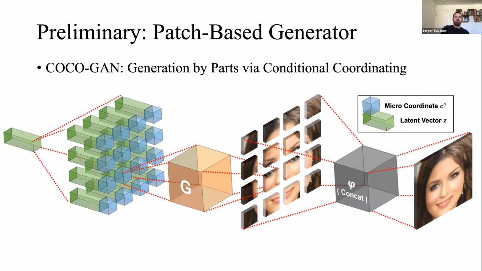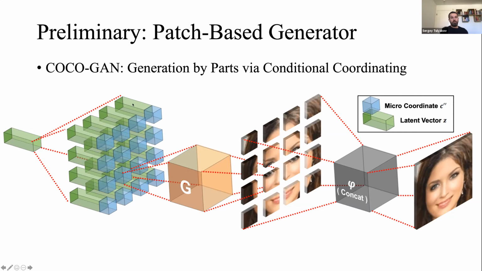Before we dig into this work, I wanted to introduce this other work. Maybe some of you have read this interesting paper, COCOGAN. Basically what they do here is they try to generate images by patches. So how to do that? We sample some latent, then we can spatially extend this latent, and we can augment each latent with coordinate conditioning.